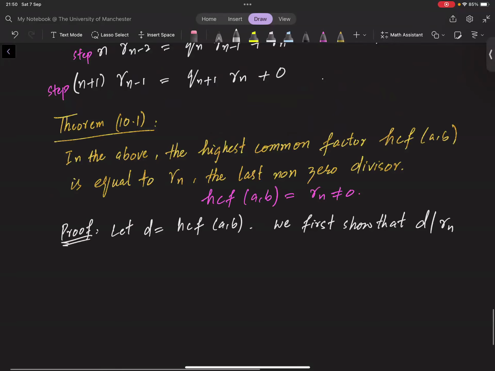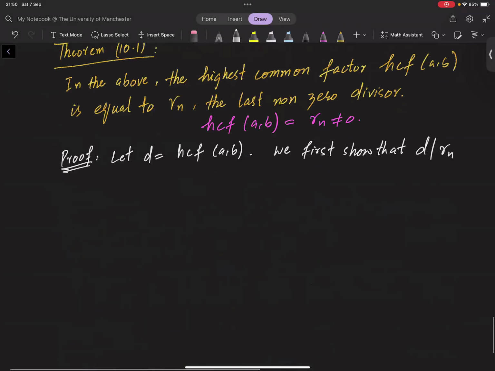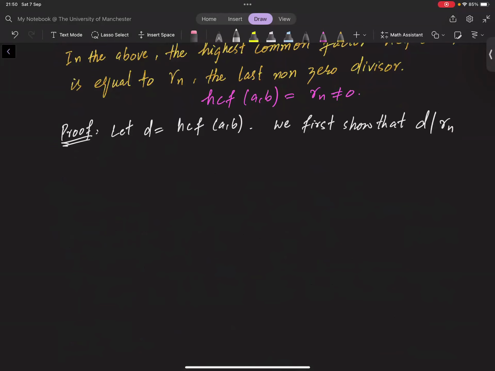So we are talking about these equations in the proof.